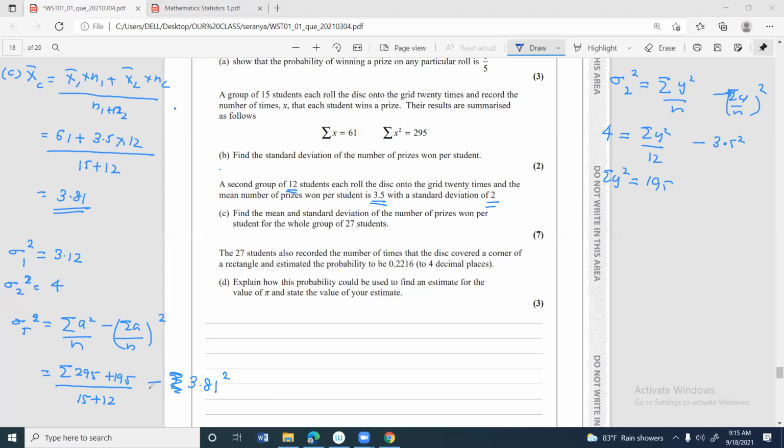Let's work out the final answer: 295 plus 195 divided by 27 minus 3.81 squared gives you 3.63. Therefore, the standard deviation of the new set would be the square root of 3.63, which is 1.89.